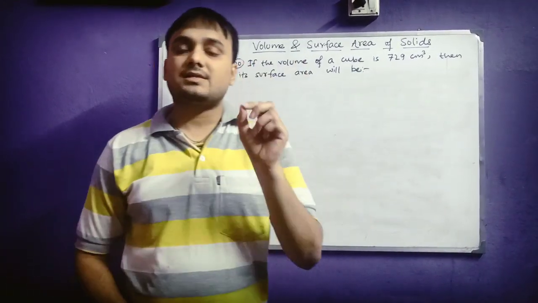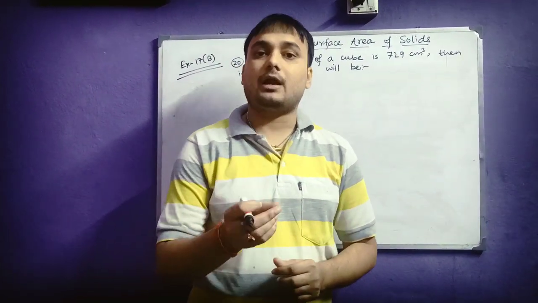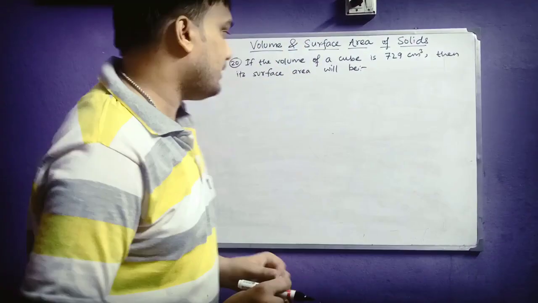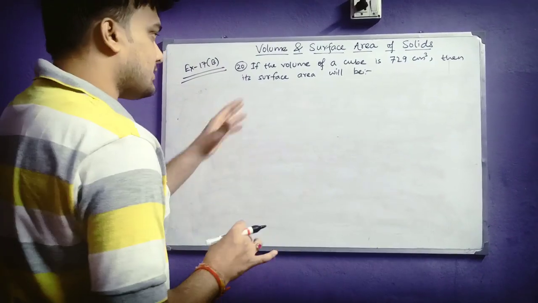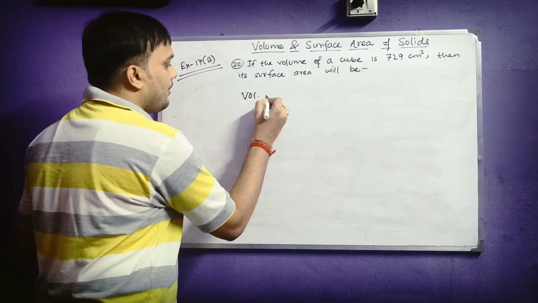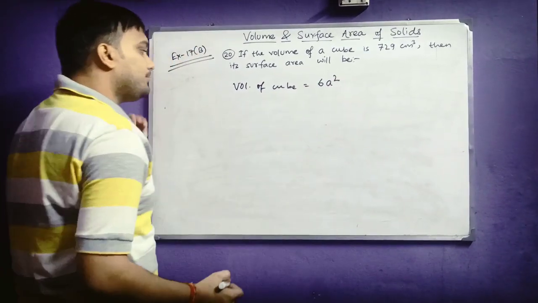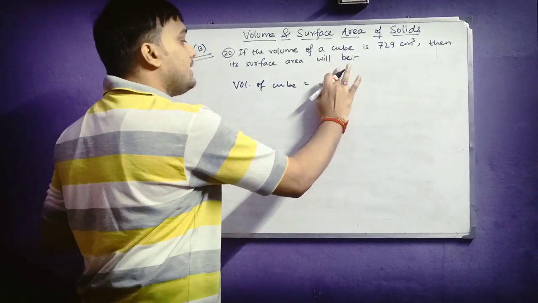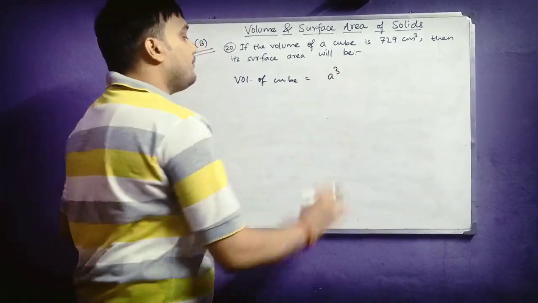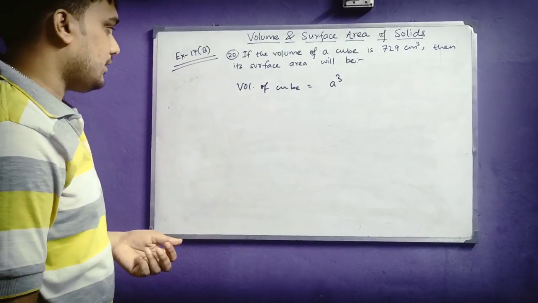Students, a few more formulas which I have missed before, I would like to say now so that you can use them to find this kind of question. Volume of the cube is a cube. 6 into a square is the total surface area of the cube.